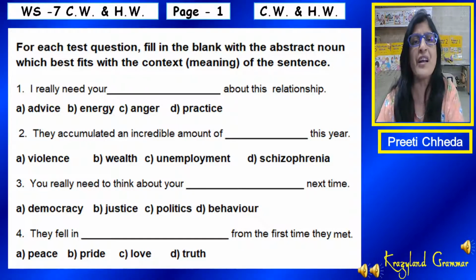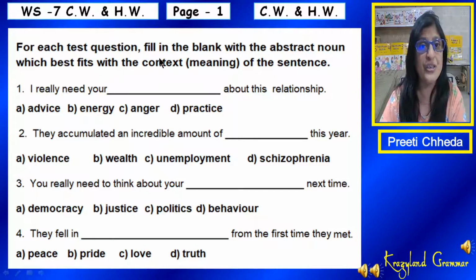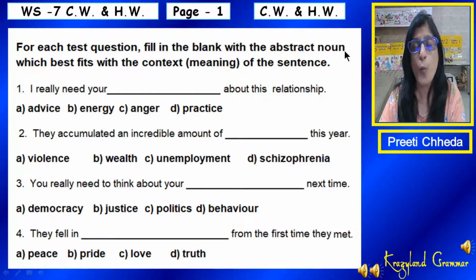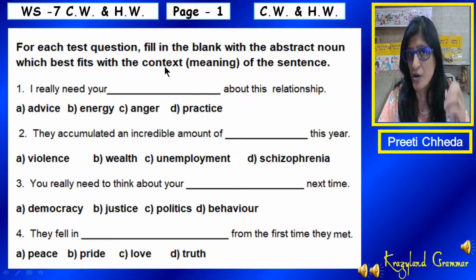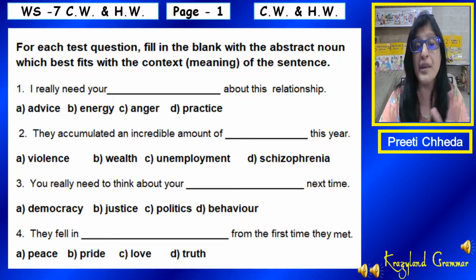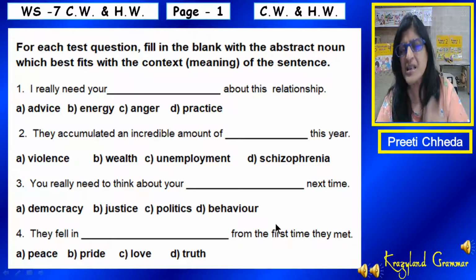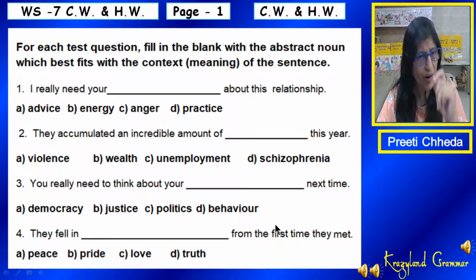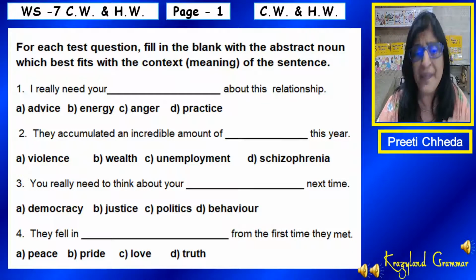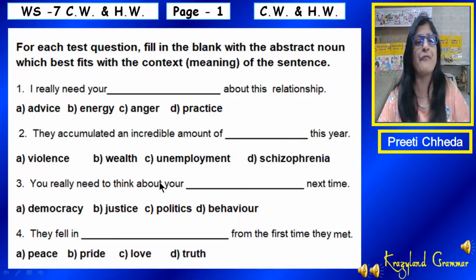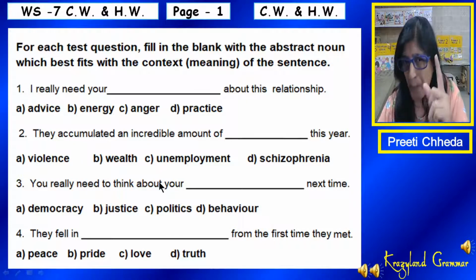So put your finger or pencil and read the instructions loudly. For each question, fill in the blanks with the abstract noun which best fits the context, that is, which is the most suitable with the meaning of the sentence. Some of the options are not abstract nouns, so be careful.